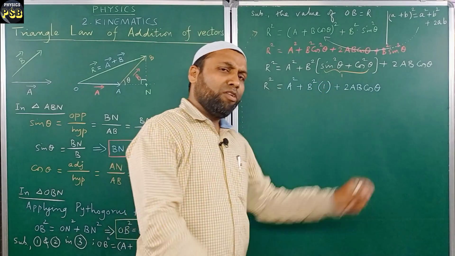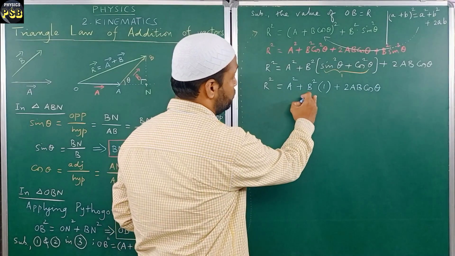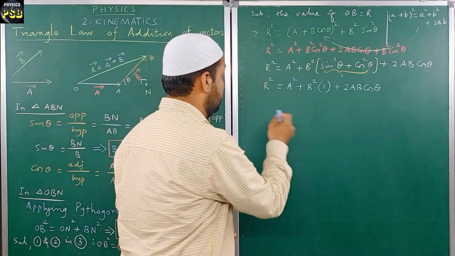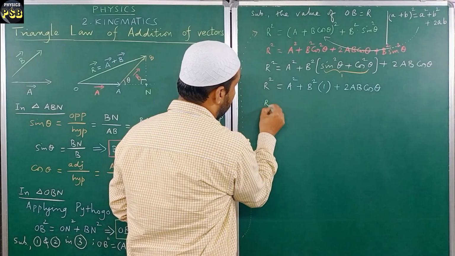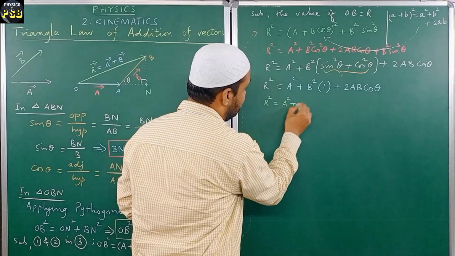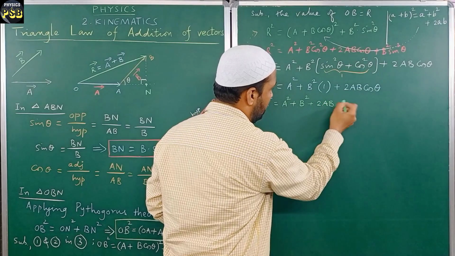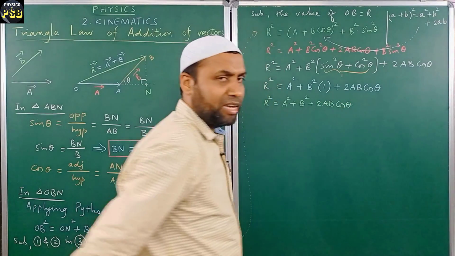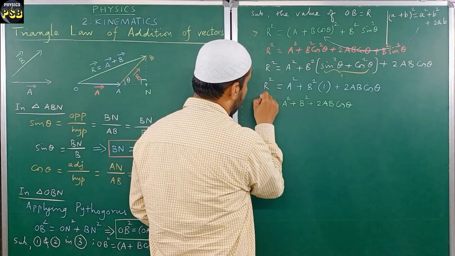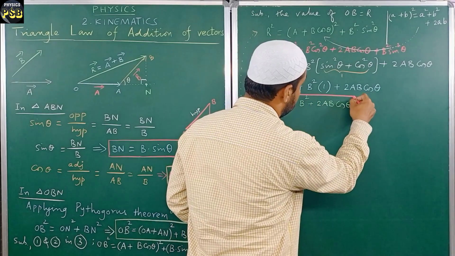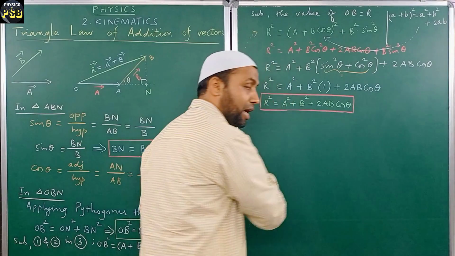Whenever we multiply something with 1, the value remains as such, so B square multiplied by 1 gives B square. So R square is equal to A square plus B square plus 2AB cos theta is what you get at the end. This gives us the magnitude of the resultant vector.